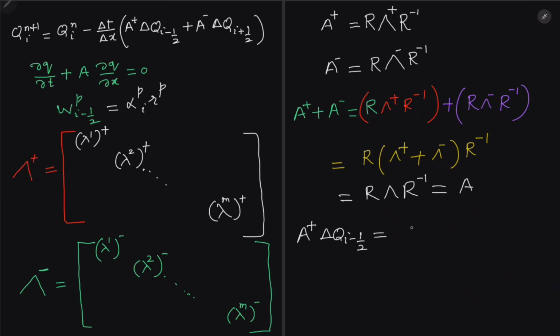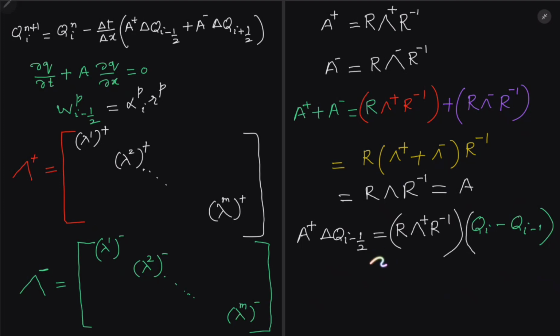A plus means we can write R omega positive R inverse. This is the definition of similarity matrices. And delta Q i minus 1/2 means we have Q i minus Q i minus 1.